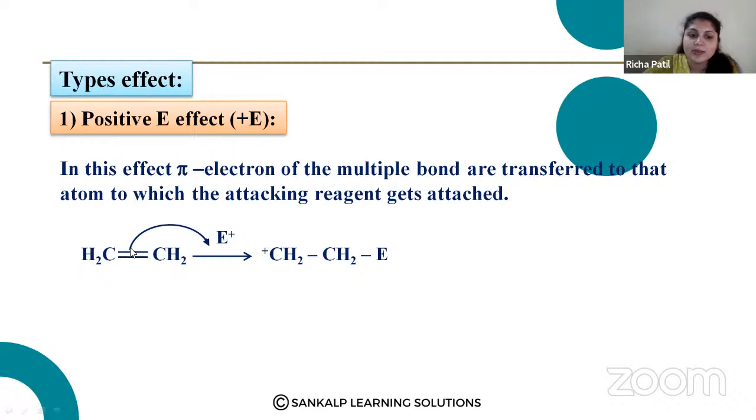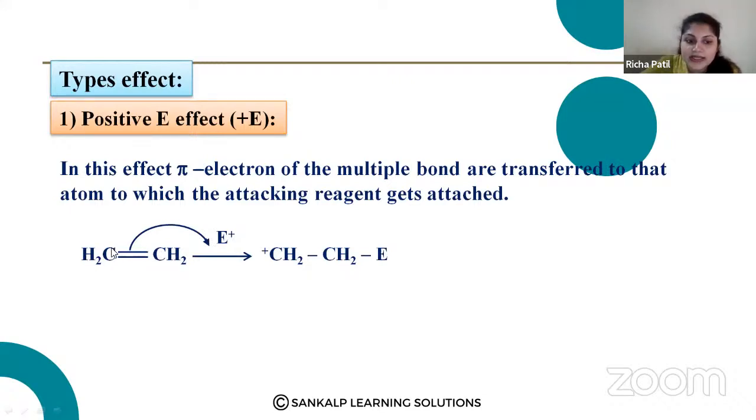The pi bond is highly nucleophilic in nature, so it will attack the electrophile, and the attacking reagent will get attached to the atom to which the electrons are transferred.